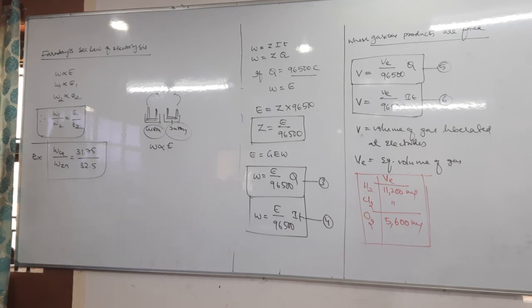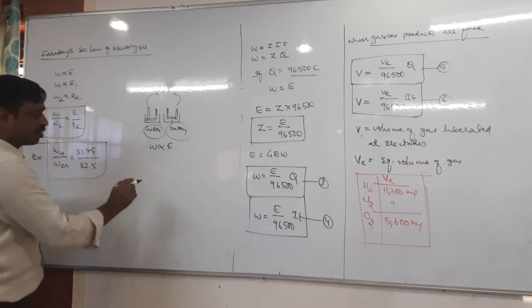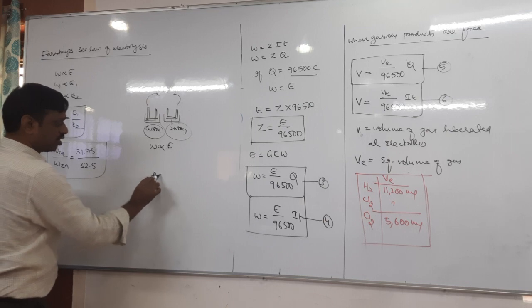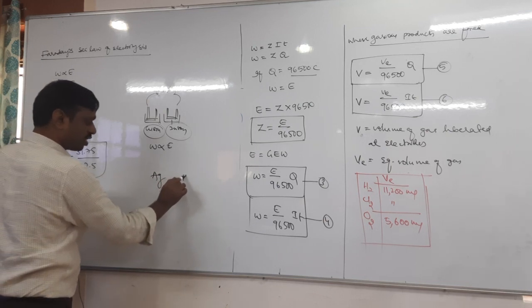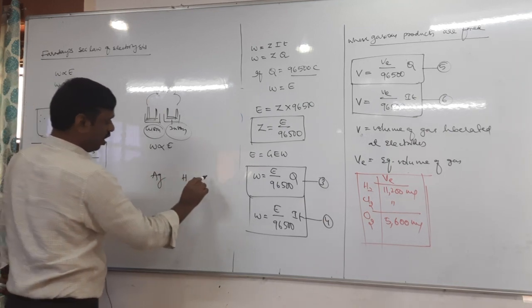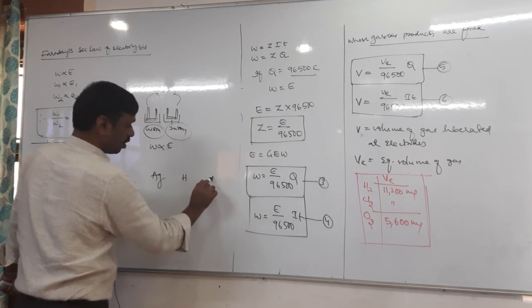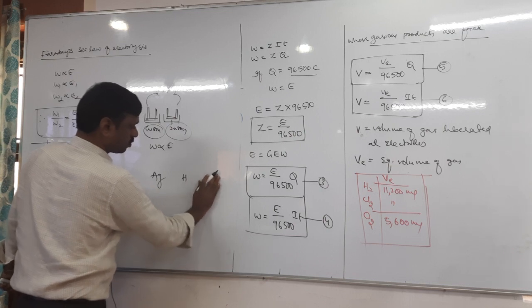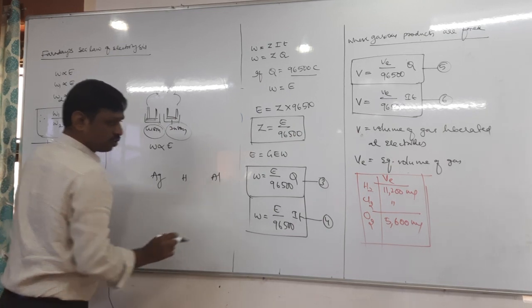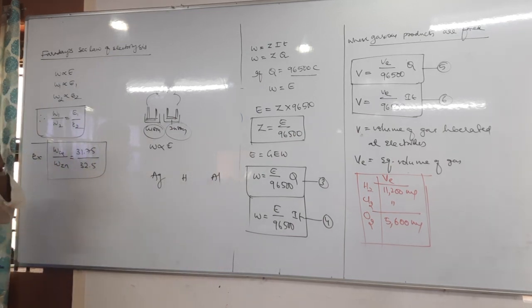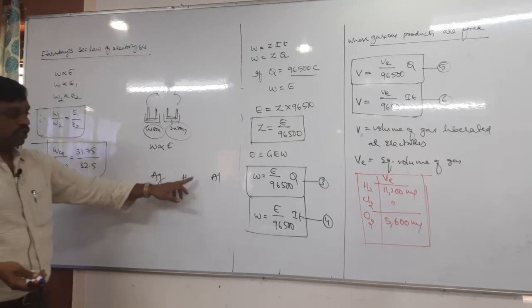Similarly, when the same quantity of electric current is passed through three solutions, let us take a silver solution, a hydrogen solution, and one more, an aluminum solution. There are three electrolytes: silver, hydrogen, aluminum.